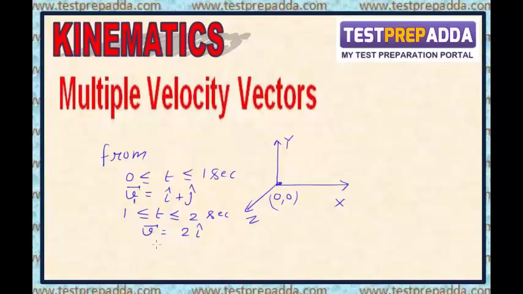Consider this as v1, this as v2. Then what is v average from 0 to 2 seconds?